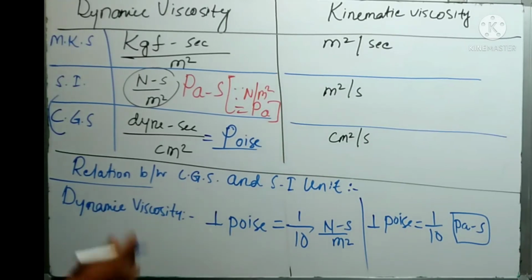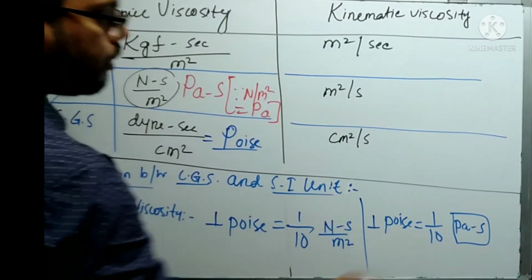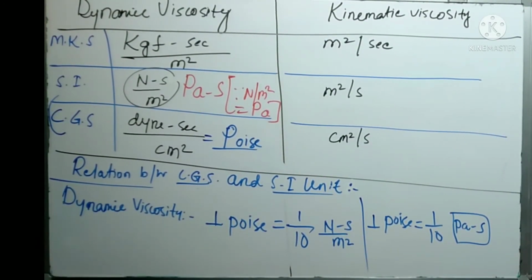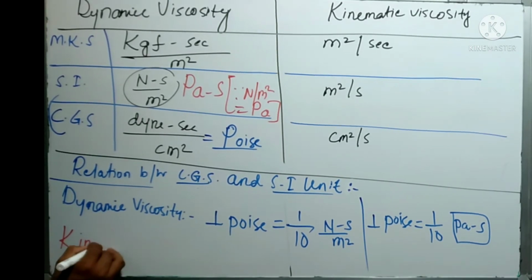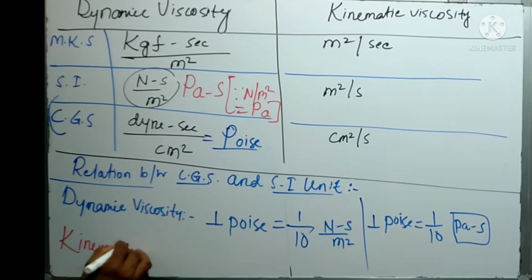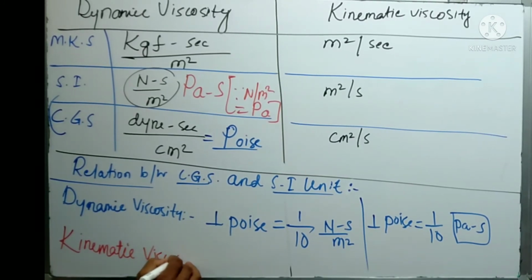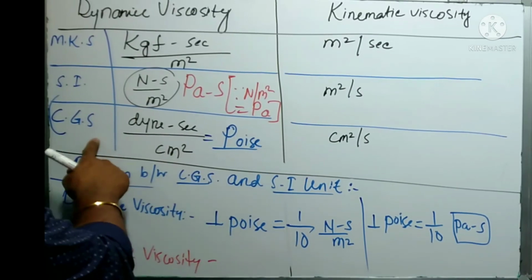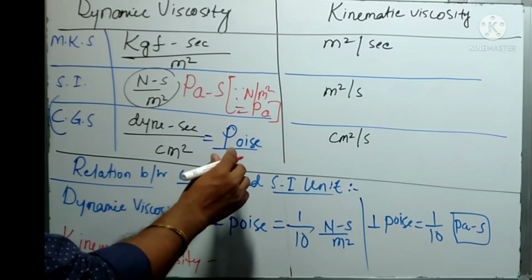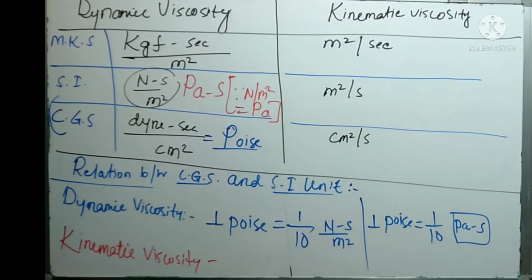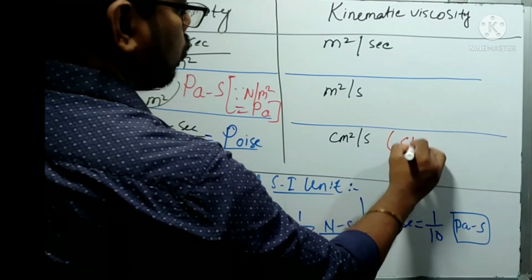Okay, this is the relation between the CGS and SI units of dynamic viscosity. And in the case of kinematic viscosity, the CGS unit is known as Stokes.